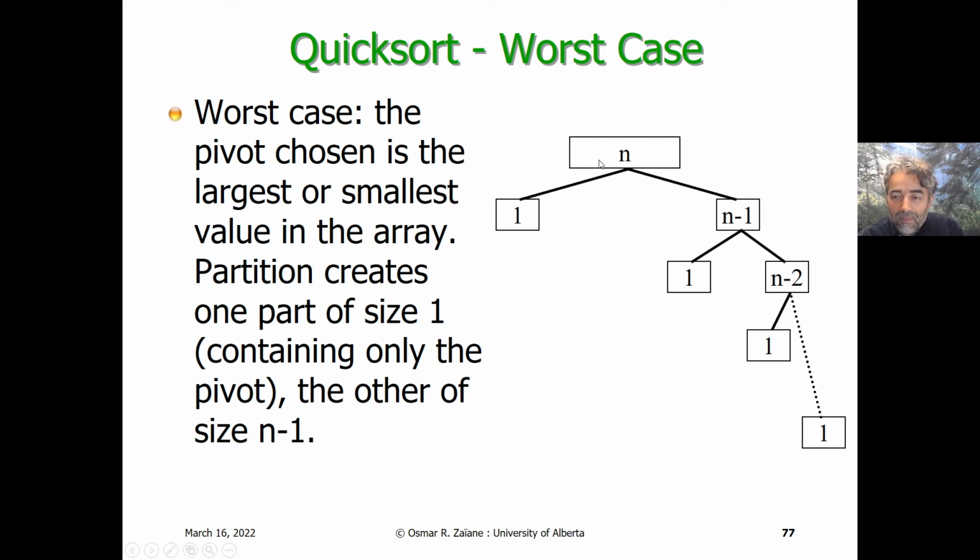So finally, the depth of this tree follows this path: n minus 1, n minus 2, n minus 3, n minus 4, down to 1. So it has a depth of n. And at each level, I do a partitioning. The partitioning is order of n, and I have a depth of n.